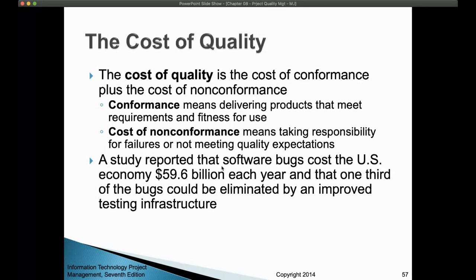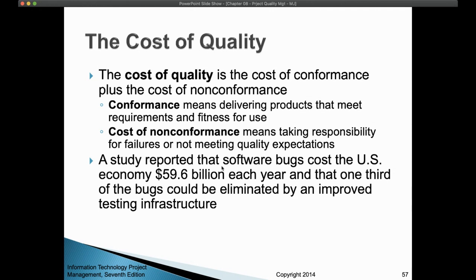They will come and say, I was injured, you broke my nose because of this seat belt not functioning. So now you have to pay me. You have to reimburse me. The cost that you are going to pay to treat these people is the non-conformance cost, because you didn't conform to the safety quality. Then you will bear these costs.